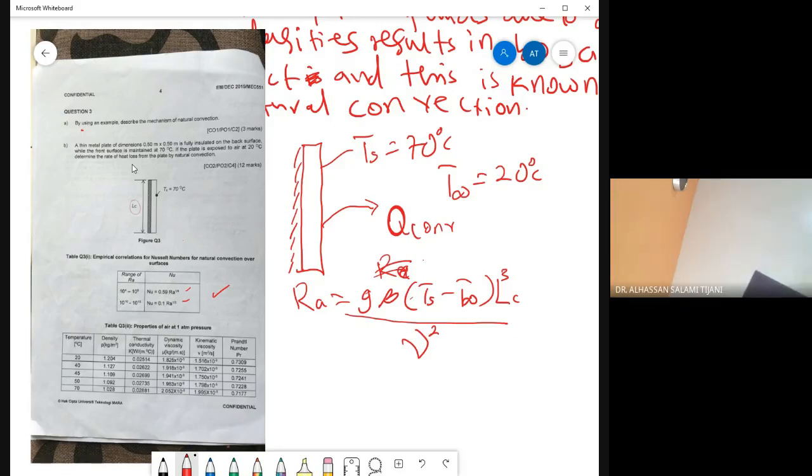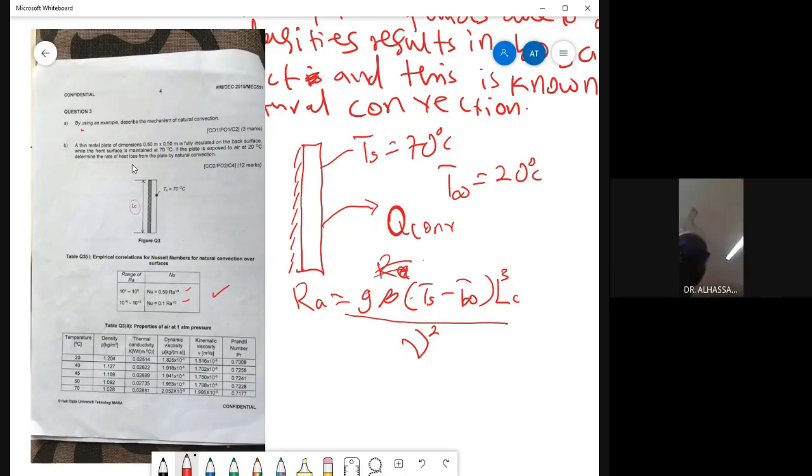Now we need to find beta. How do we determine this? Beta is the volume expansivity coefficient, which is given by 1 over T, the average temperature.